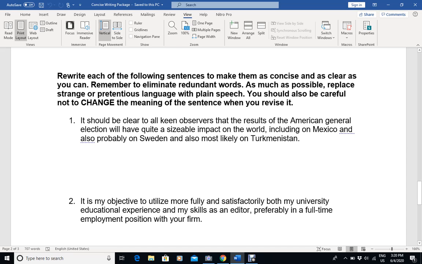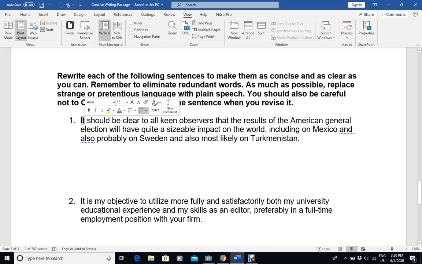Here's the first sentence. It should be clear to all keen observers that the results of the American general election will have quite a sizable impact on the world, including on Mexico and also probably on Sweden and most likely on Turkmenistan. So the first thing we can notice right at the very beginning is that we have a dummy pronoun.